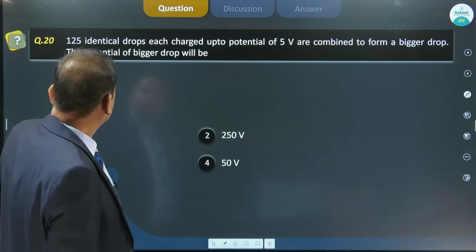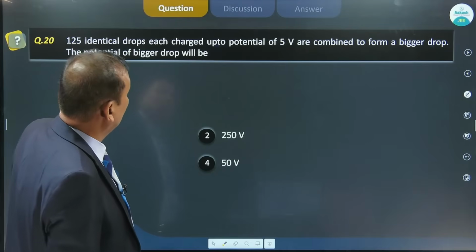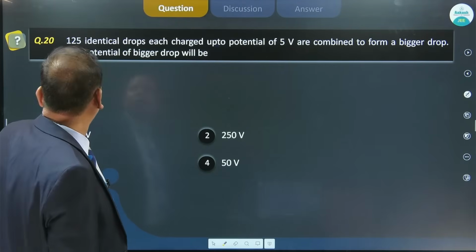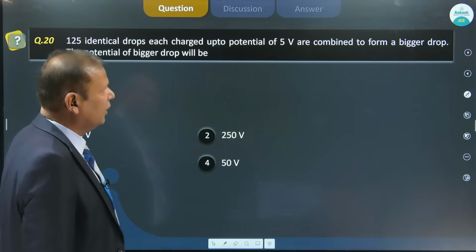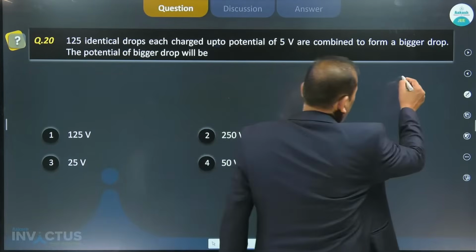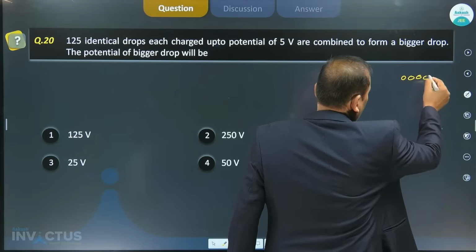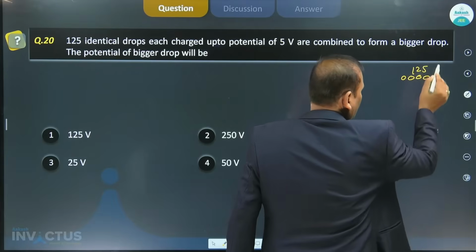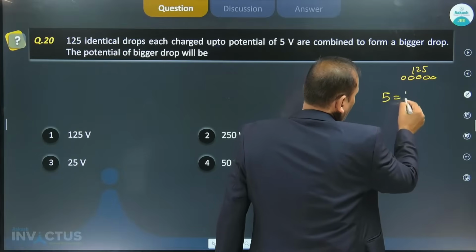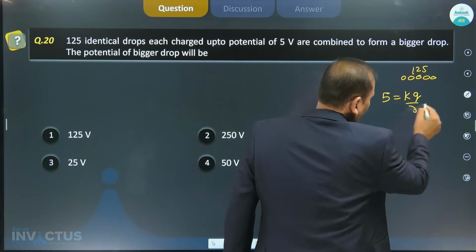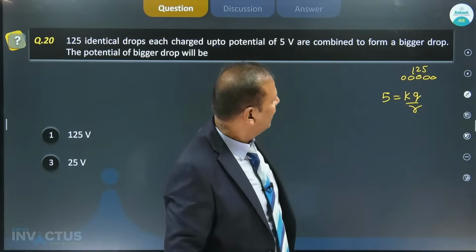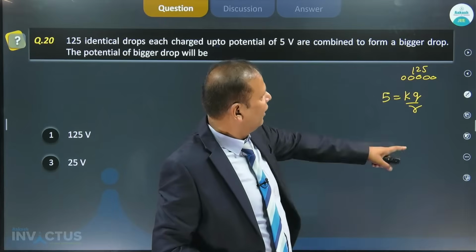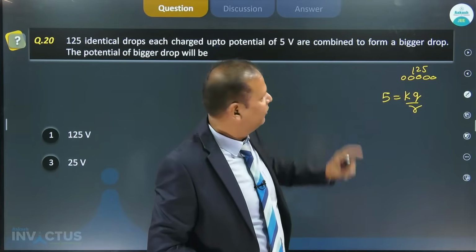125 identical drops, each charged up to 5 volt, are combined to form a bigger drop. The potential of the bigger drop? So we have smaller drops, 125. So 5 is equal to KQ by R, where Q is charge on single drop and R is radius of single drop.